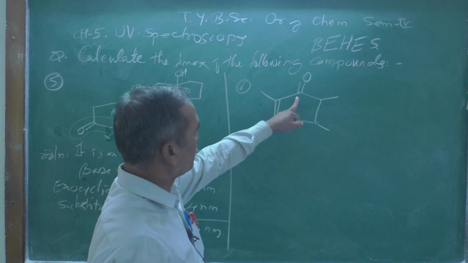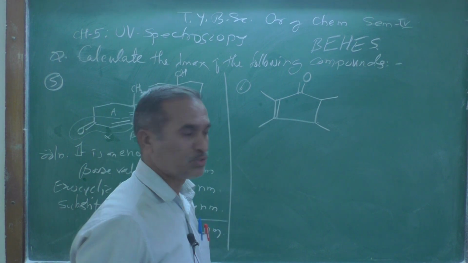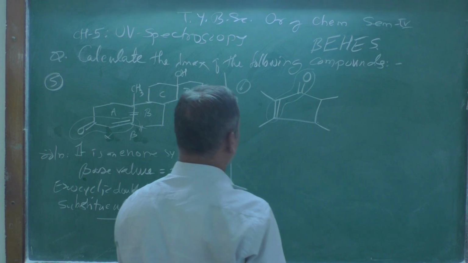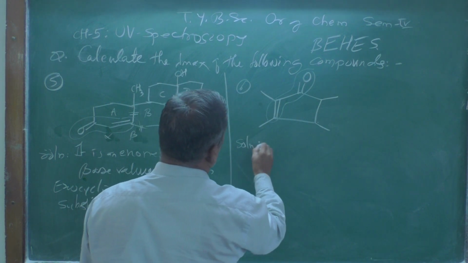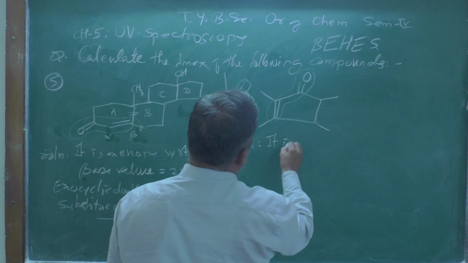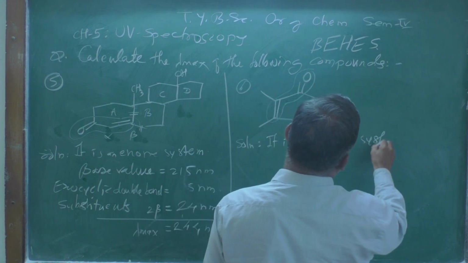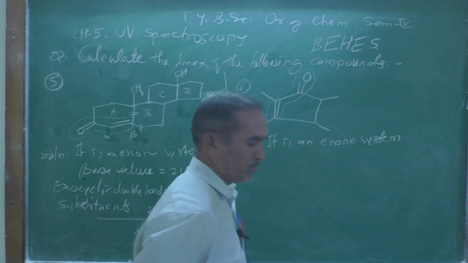There is a carbonyl group, single bond, double bond. So you can mark it like this and write one sentence while solving the problem: it is an enone system, right? It is an enone system.